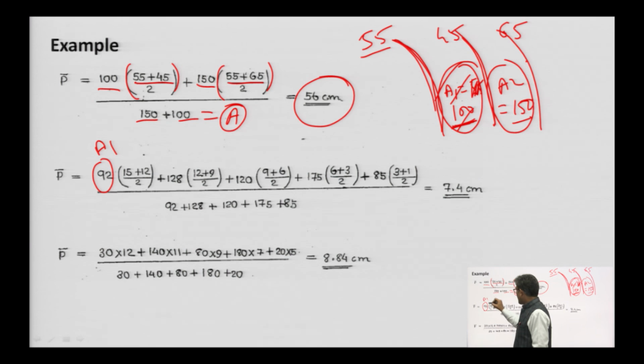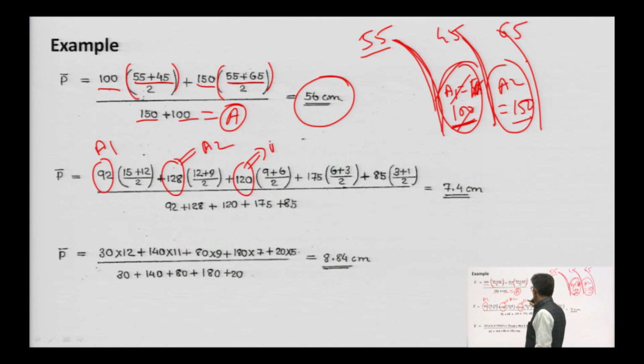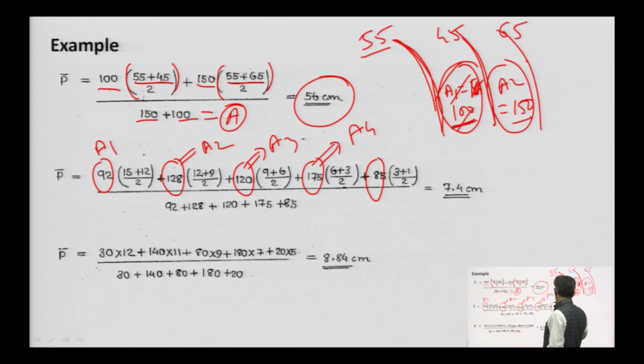Similarly, in this question, this is area A1, A2, A3, A4 and this is area for 5, meaning rainfall precipitation.